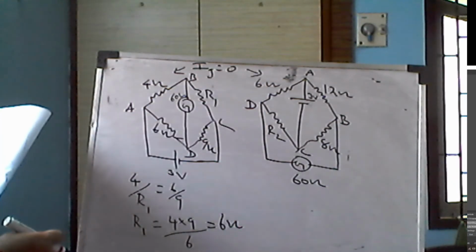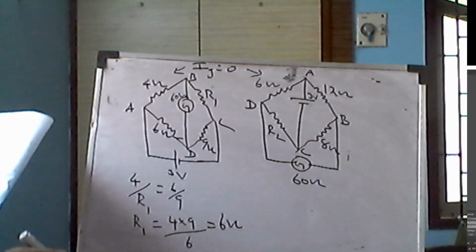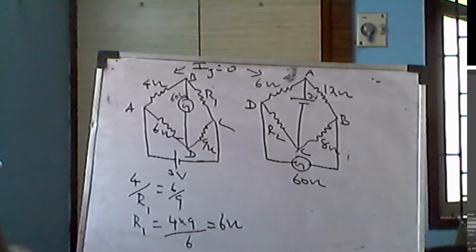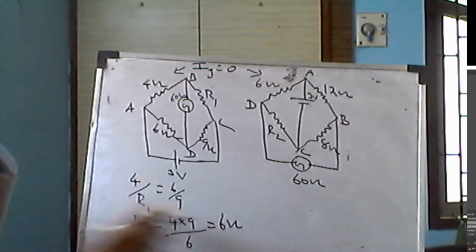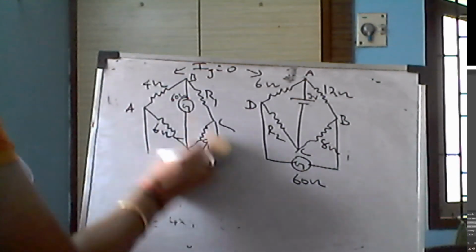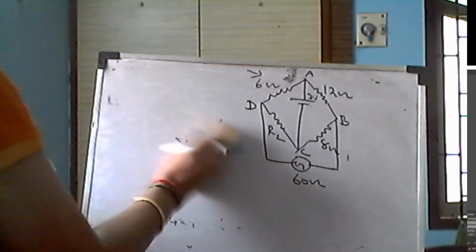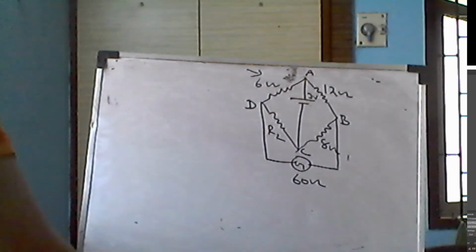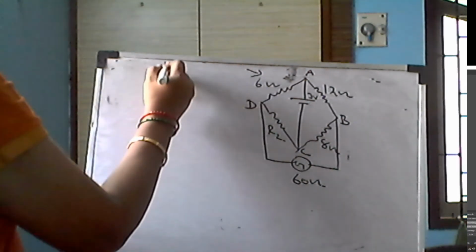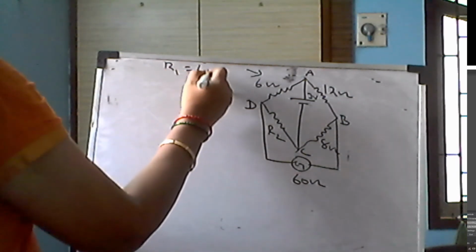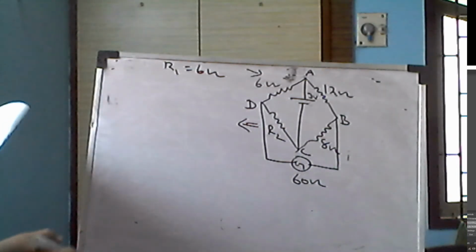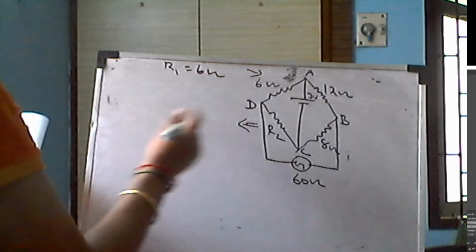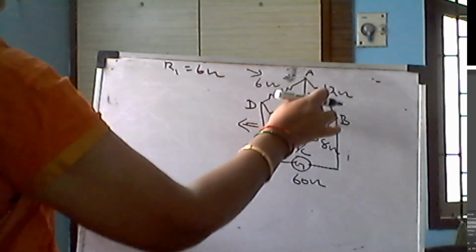This can be modified. Now I will rub this, and then this can be modified as follows. I will write R1 as 6 ohm, because this is ordinary only. So R1 is 6 ohm, and this can be modified as, see here from A, both are going this side.